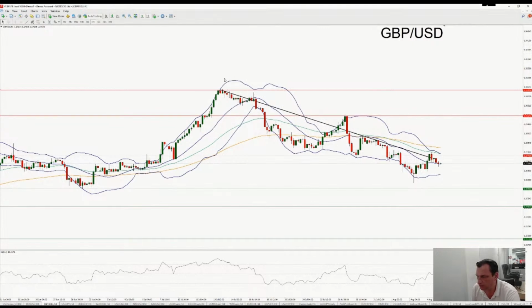See how we have a double peak here? It's very characteristic. So this would be the 1.3135. Let's place a label as well.